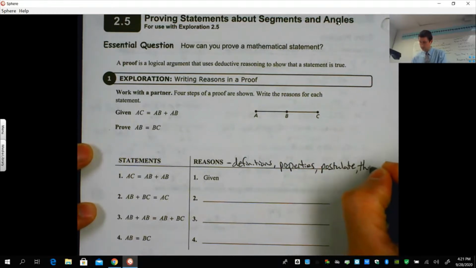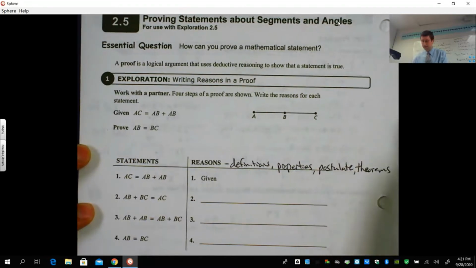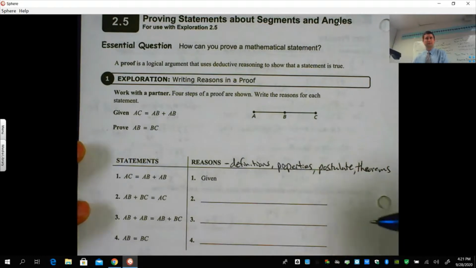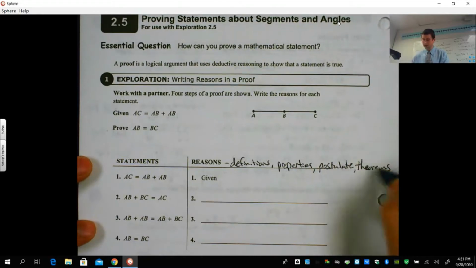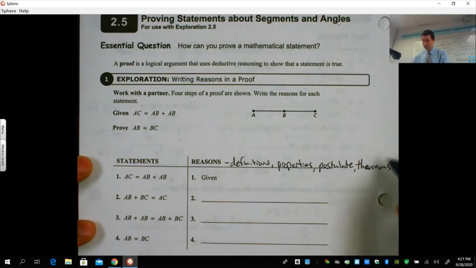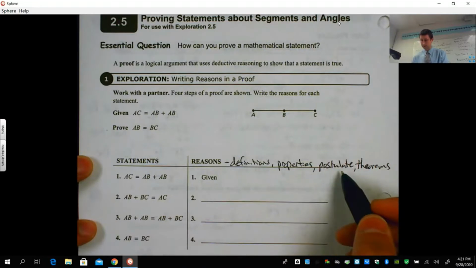And new this time, we're going to get theorems. A theorem is something that you can prove. Postulates are something that can be accepted without proof. We'll write this down later on as well. Theorems are something that you can prove using definitions, properties, and postulates.